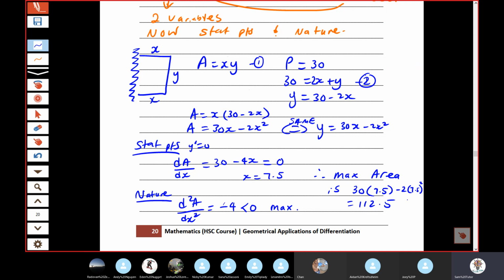When this is A equals 30x minus 2x squared, how is it the same as y equals 30x minus 2x squared? Maybe this y and this y, you're going to get confused. This y and this y is not the same. I meant it's the same as your y's that you were doing with parabolas.